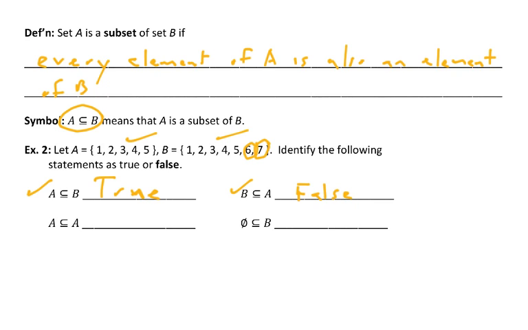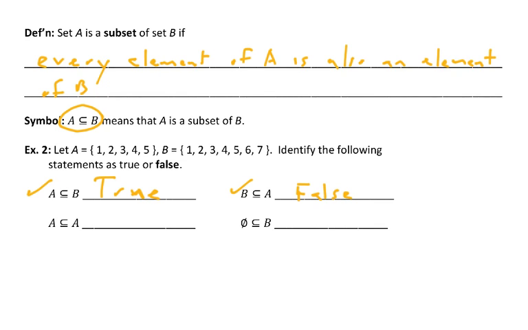Now this next one may come out to be a little bit of a surprise to you. Is A a subset of A? The reason this is probably going to be a surprise is when you hear the word subset, that sub prefix sort of implies that somehow the first set is going to be smaller than the second set. If you have A and A, well, they are equal, and so you might just jump in and say, okay, that's not true.